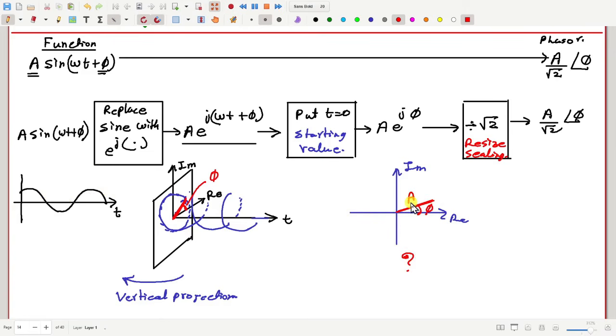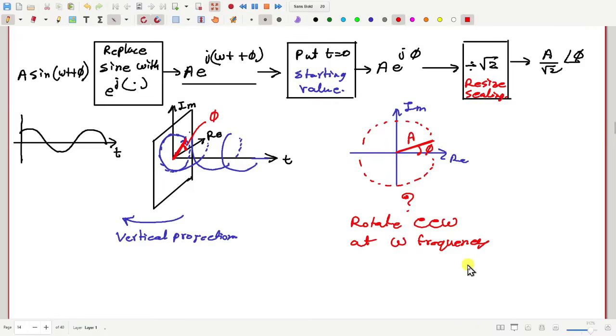The rule is that we have to rotate this line in the complex plane, counterclockwise, at an angular frequency of omega, and take the projection. If we rotate this line and take projection at different time instants, we will get the original function.